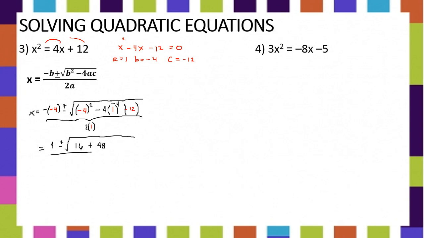Over 2 times 1 is 2. Simplify pa rin natin. 4 positive negative square root of 16 plus 48 is equal to 64, over 2. Square root of 64 is 8 over 2.